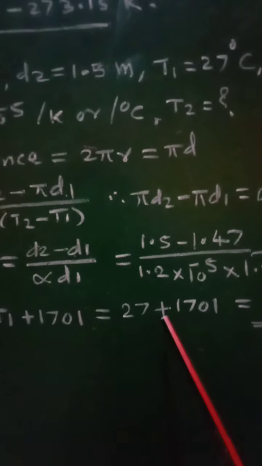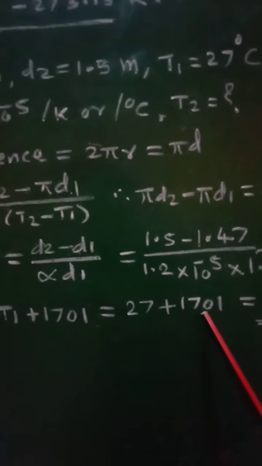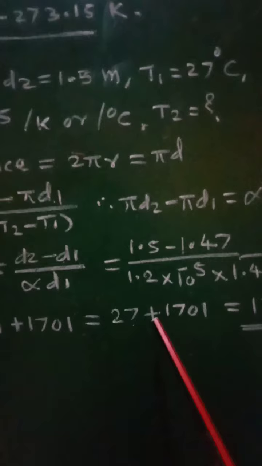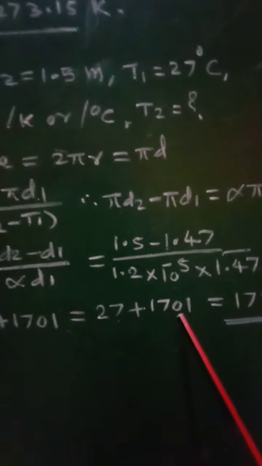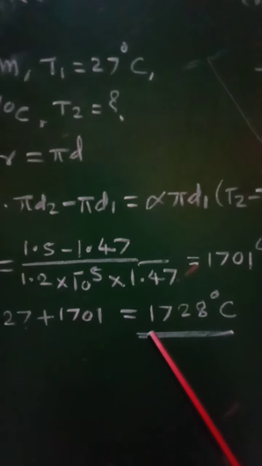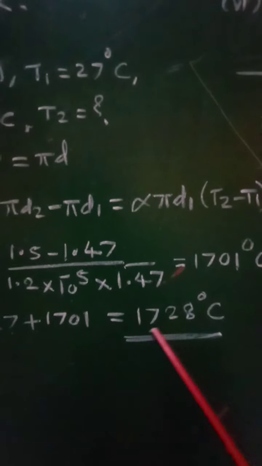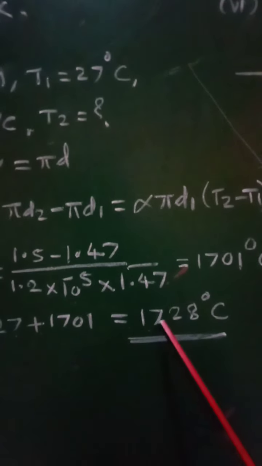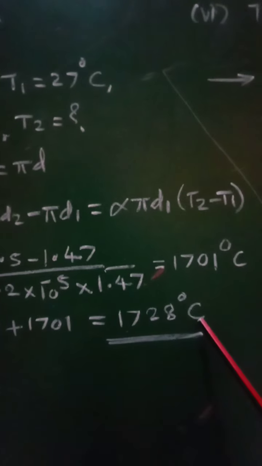So 27 plus 1701 will be equal to 1728 degrees Celsius.